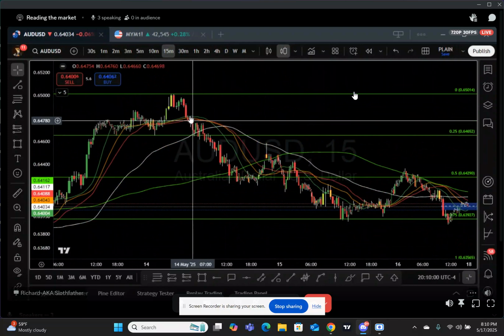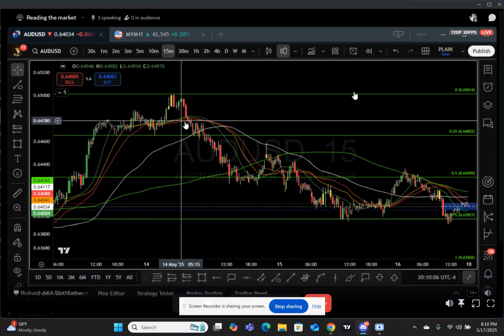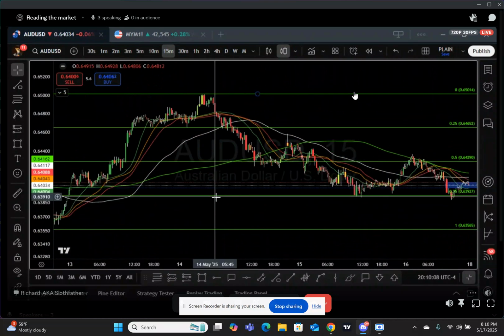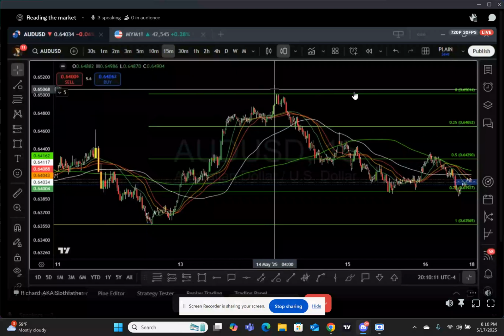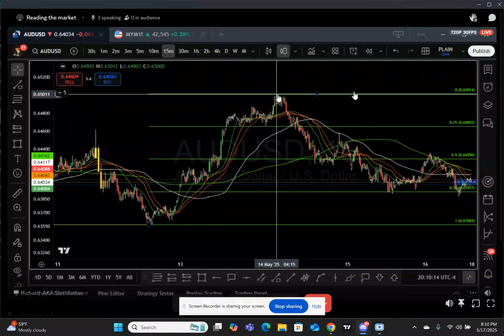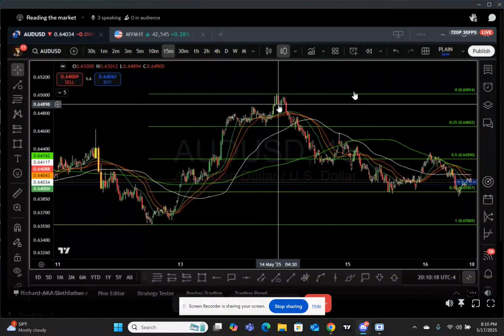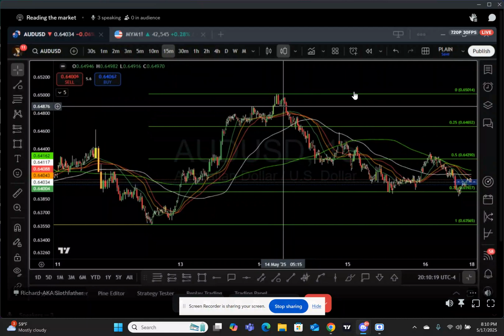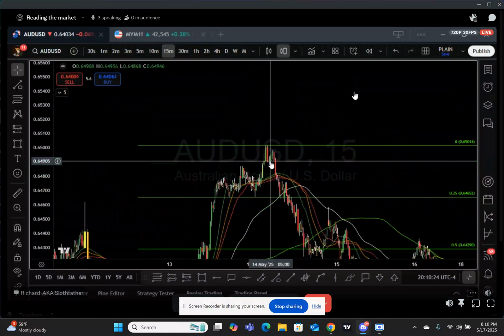Even on the 15-minute, before you broke below the 50% up here, you've had a good run up. And then you get your topping tail bar, and that doesn't hold, but immediately after you get your bear 180. And then it pulls up.